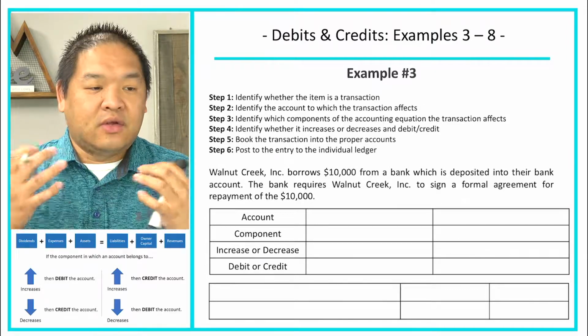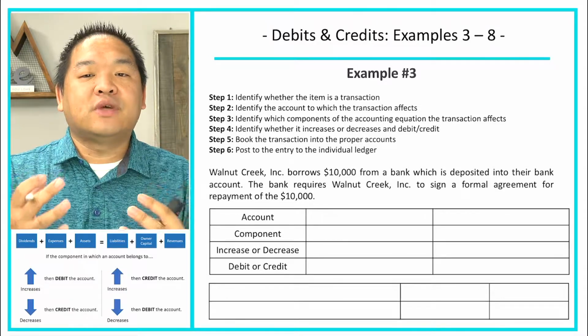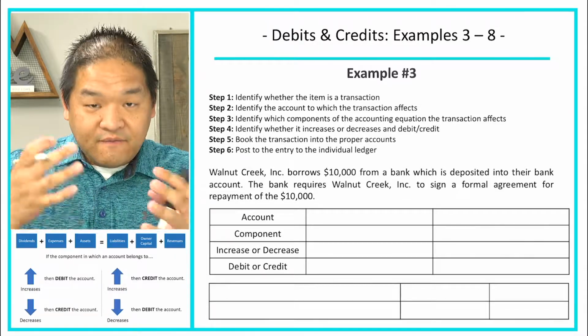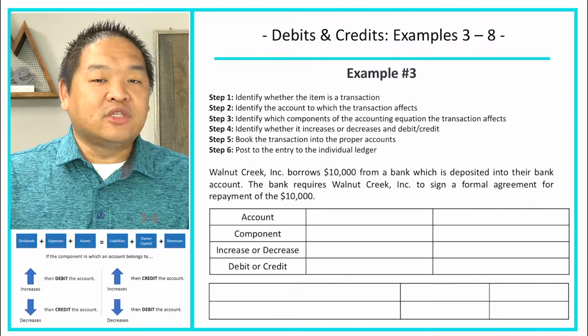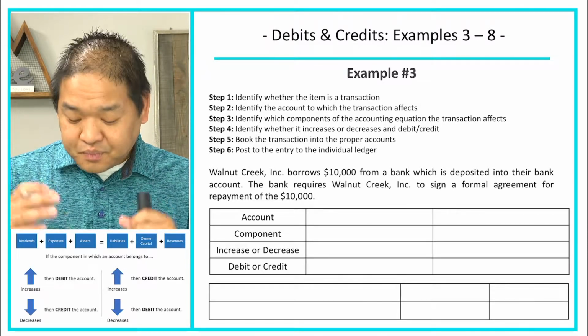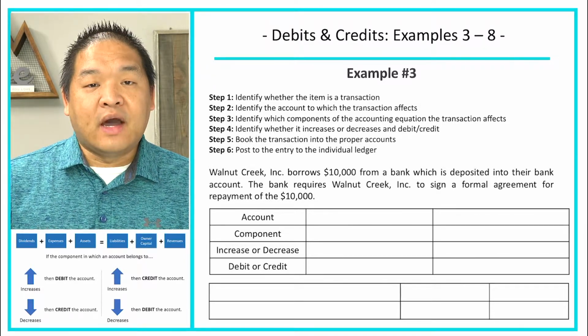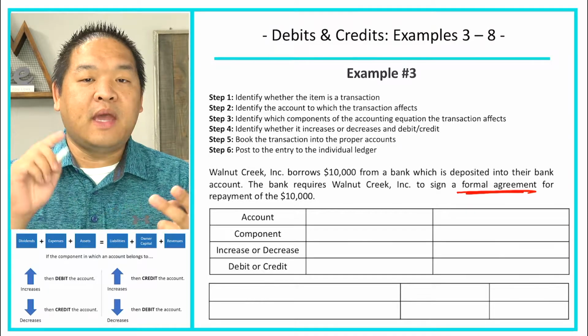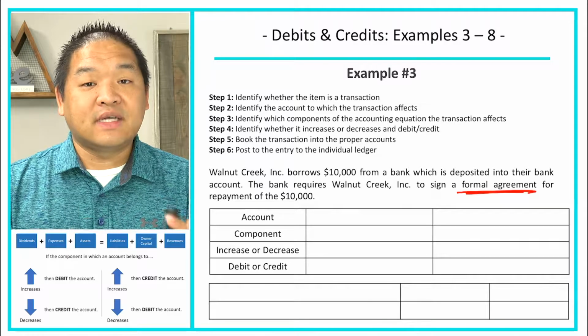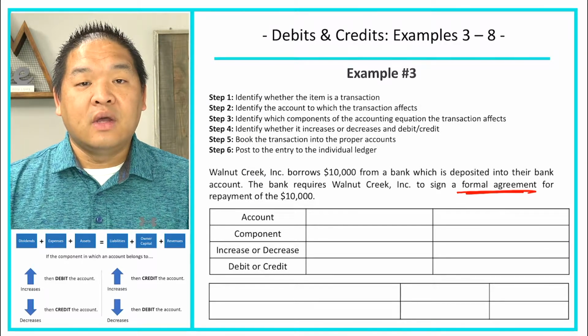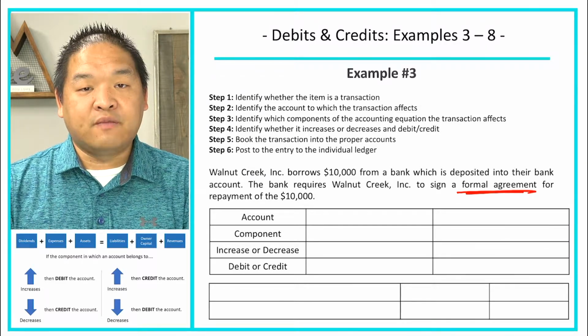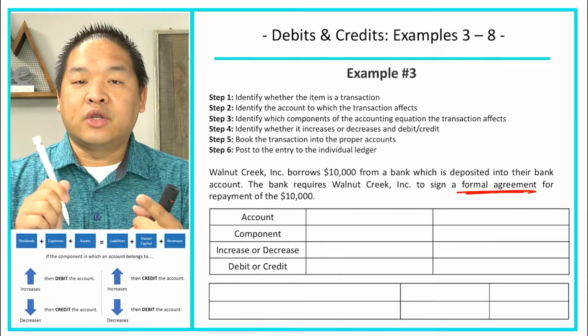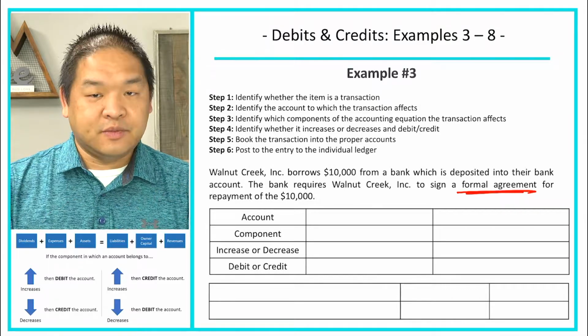So although they're not really giving up anything initially, they are giving up that future right to that cash because they're going to have to repay it. So it's a promise to pay. Now, in this example, it's also a formal agreement. So it's a promise to pay and a formal agreement. In the last couple of lessons, we've talked about how we have really 2 types of promises to pay. We've got our notes payable and we've got our accounts payable.